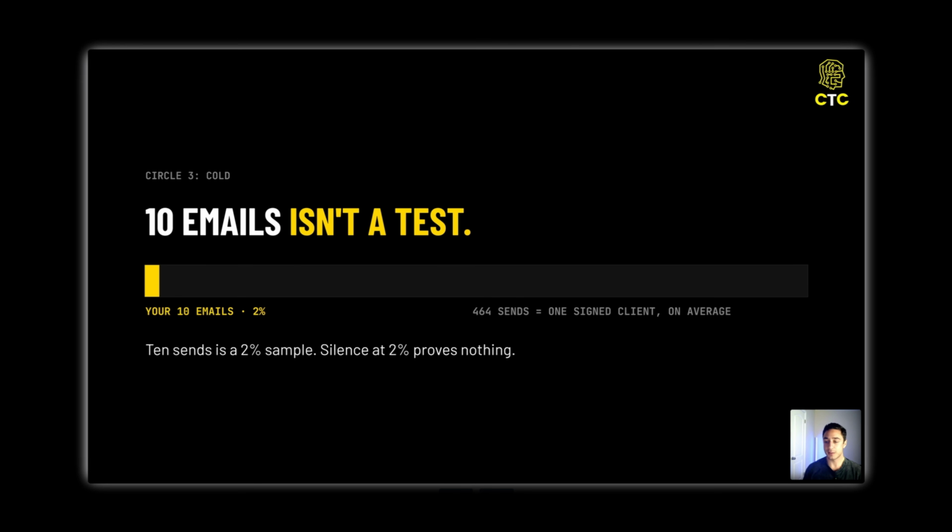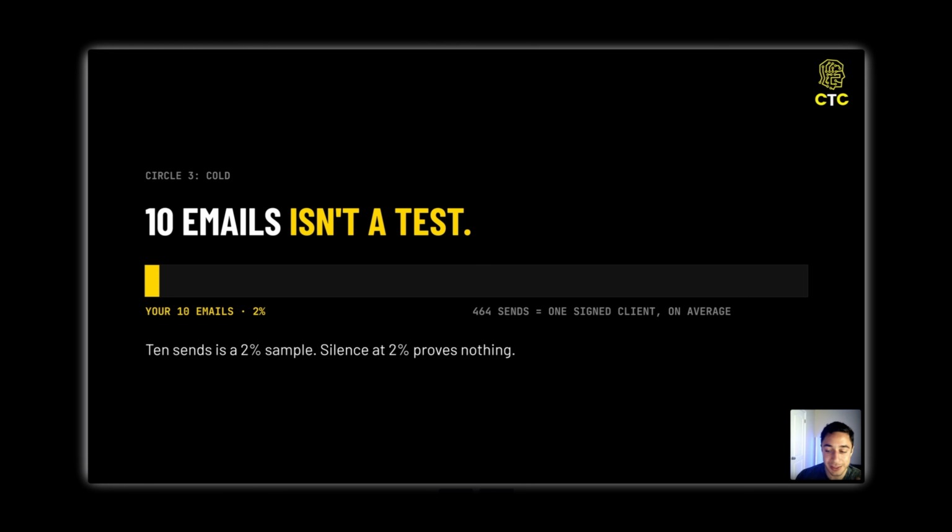A lot of you have sent emails saying, I sent 10 emails, 20 emails. I didn't get a result. This thing doesn't work. 10 emails is not a test. It's not even statistically significant. On average, it takes 464 emails for one signed client, meaning when you send out 10 emails, you've only hit 2% of what you need to do to actually even have a chance of landing a client.